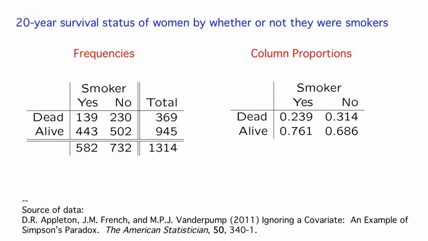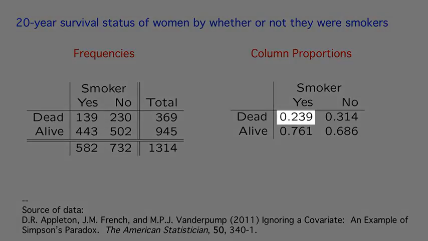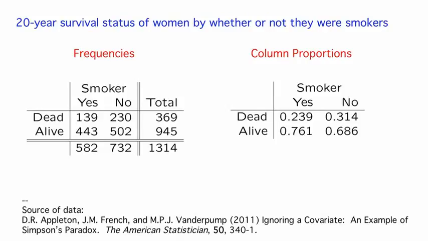And we're interested in the 20-year survival status for these women. Looking at the contingency table for these data, the column proportions tell an interesting story. Of the smokers, only 24% had died, but of the non-smokers, 31% had died. Does this study show that smoking might lead to a greater chance of surviving 20 years?